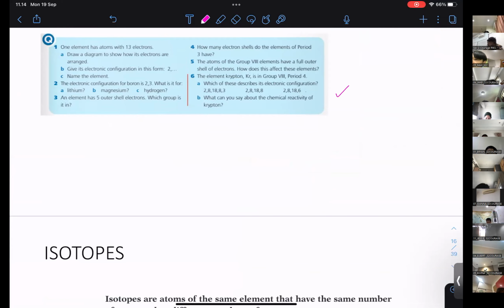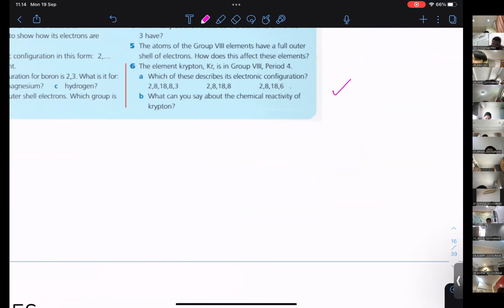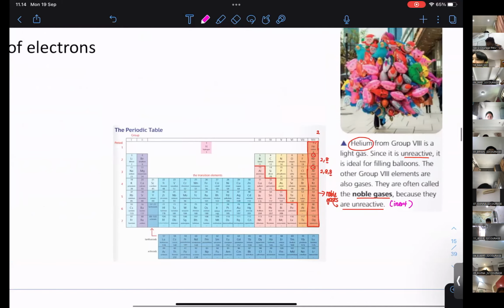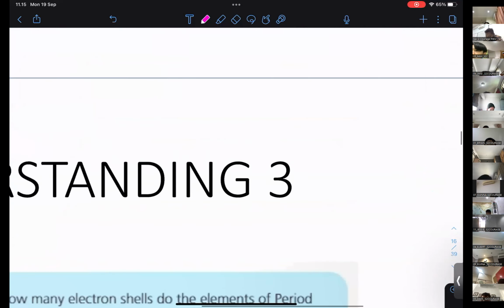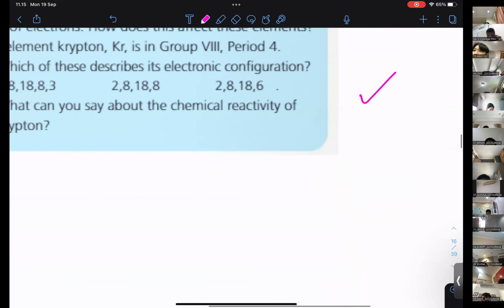Now, if we move on further, for example 6b, what can you say about the chemical reactivity of krypton? If you look at krypton, it is here, under group 8. If they ask you about the chemical reactivity, what do you answer?